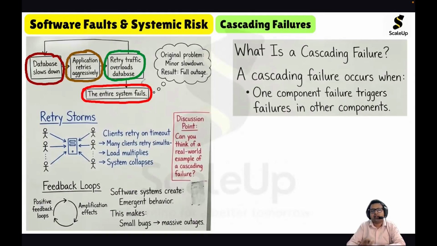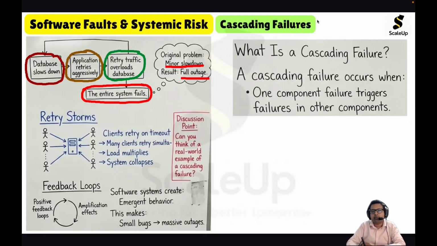Because of that, the database was not able to handle the retry traffic overload, and the entire system collapsed. So it is an example of a cascading failure wherein the original fault was in one component, the database, but it migrated. The original problem was a minor slowdown, and it resulted in a full outage. So a minor slowdown of a database led to the full outage.